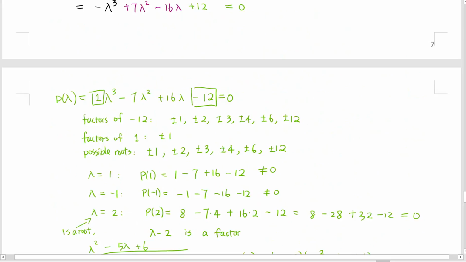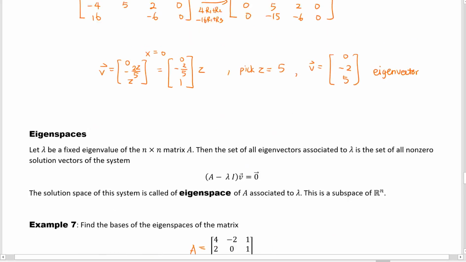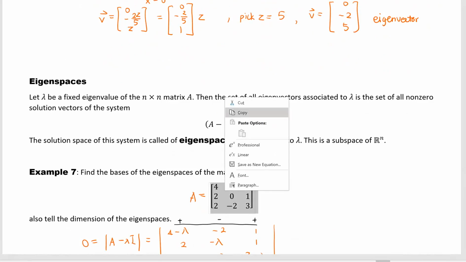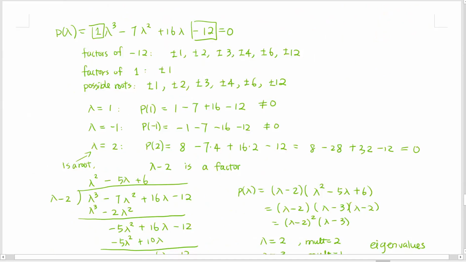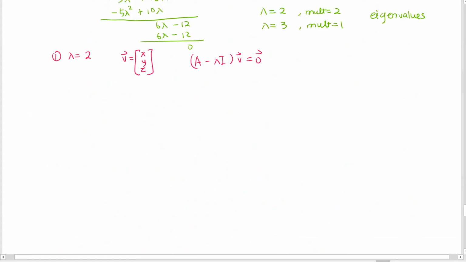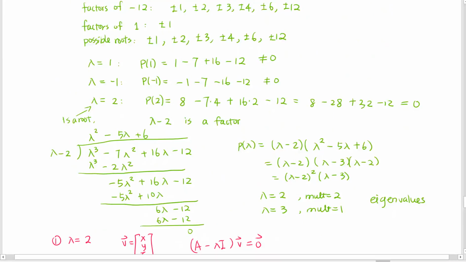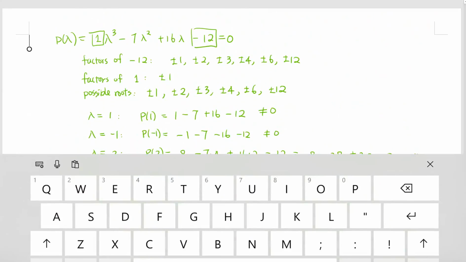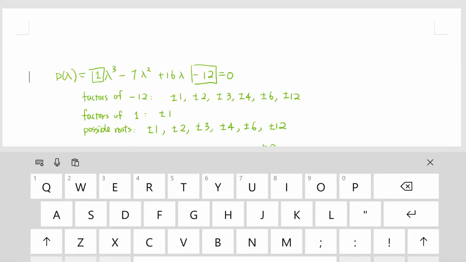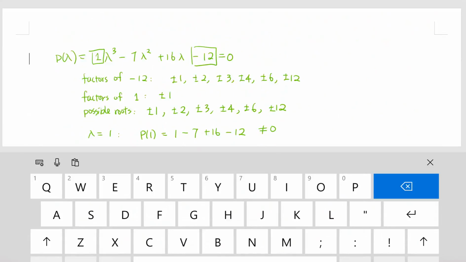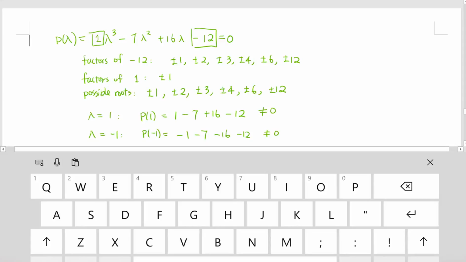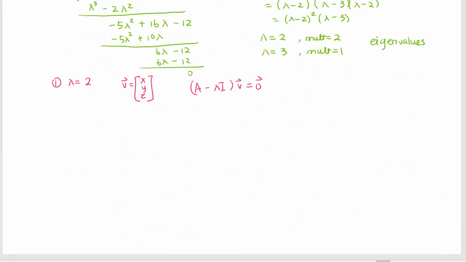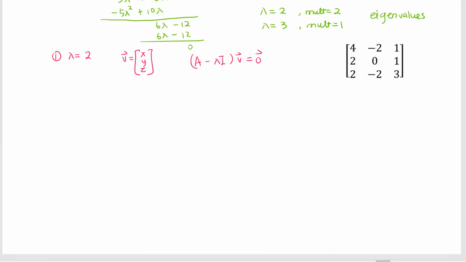Let me copy it, so I don't need to flip the page again. I cannot put it here. Let me see. That's my A.